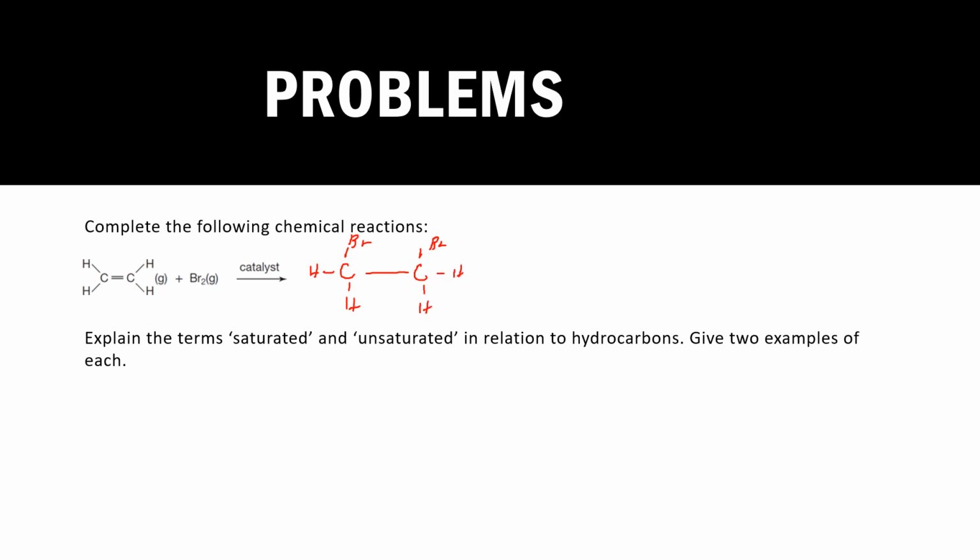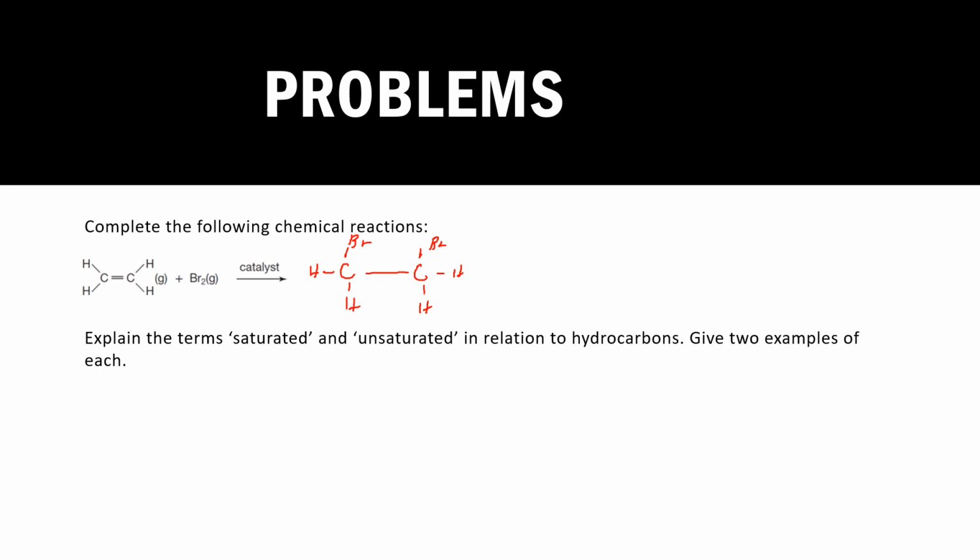The 4 hydrogens are still 4 hydrogens, but now Br2 comes in, and the only difference is the double bond becomes a single bond. Of these two bonds, the top bond is called the pi bond. The pi bond is more movable, therefore Br gets added to the molecule.